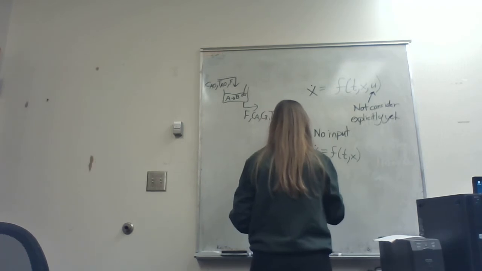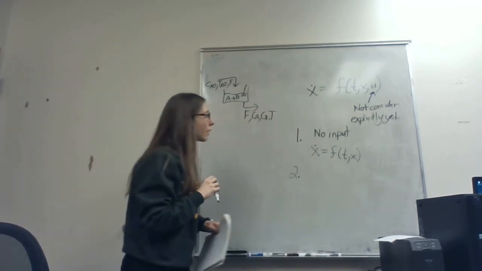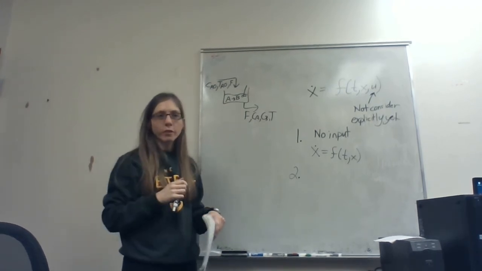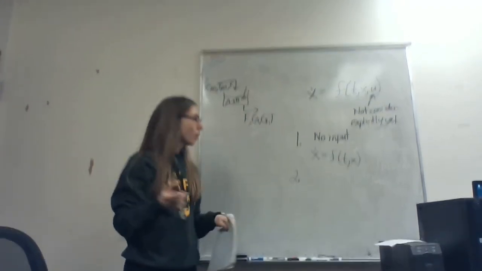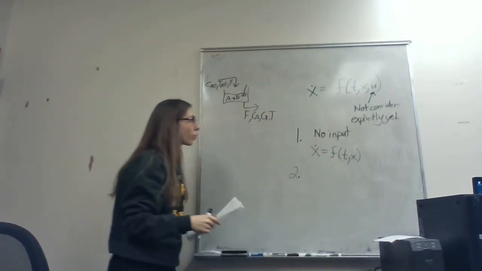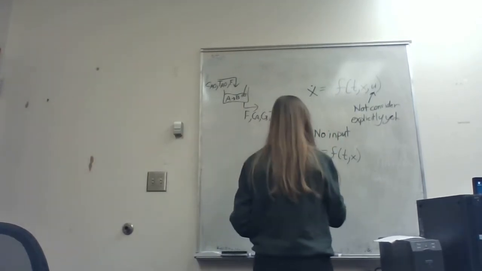Another option is that in advanced control, we develop a lot of controllers. A lot of what happens in control is we develop controllers that are explicitly functions of the state.